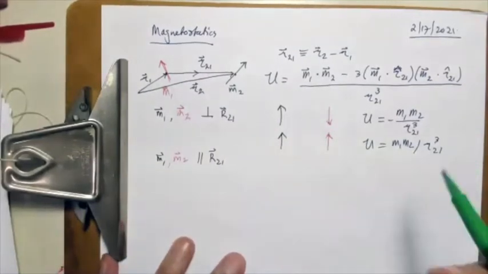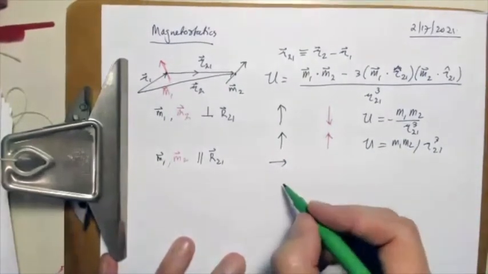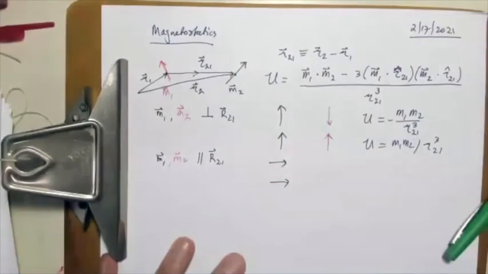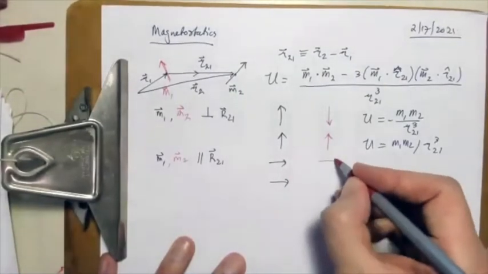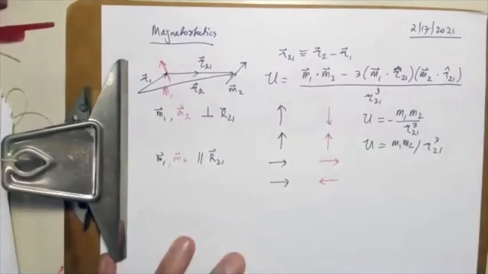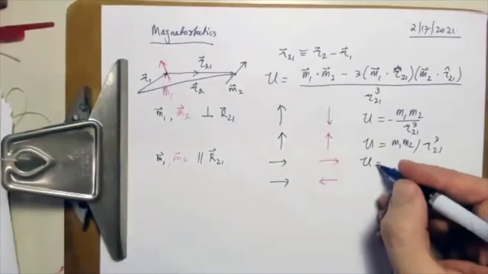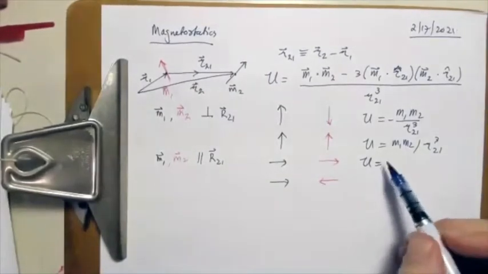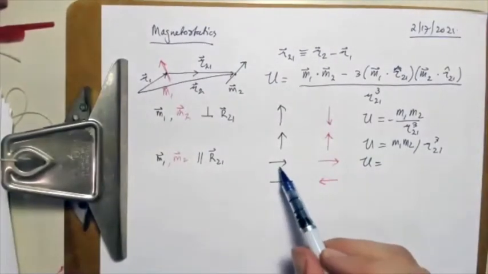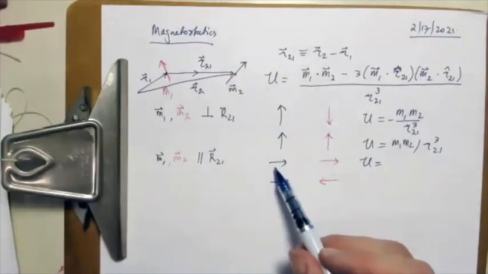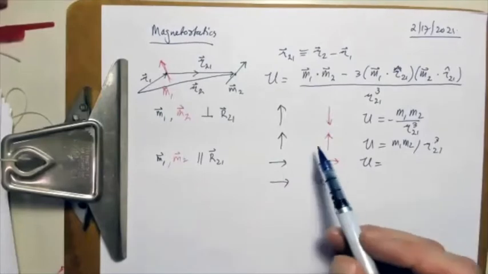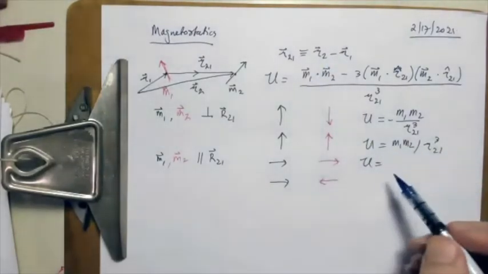Well, we're making this one go in this direction and this direction, and then the same direction or the opposite direction. So if your U is, in this case, your M1 and your M2, they're pointing in the same direction, so that dot product is M1, M2.